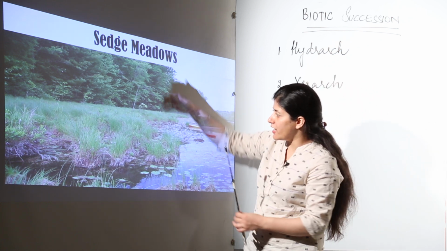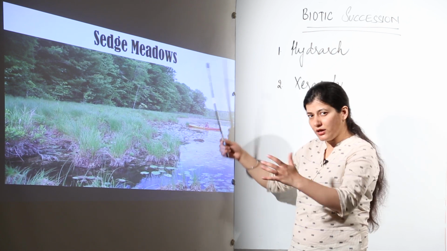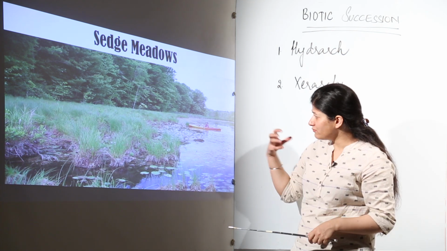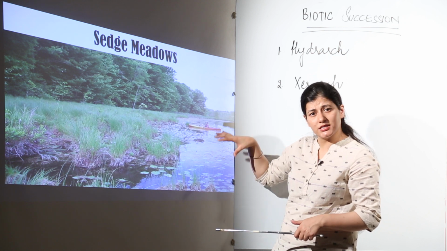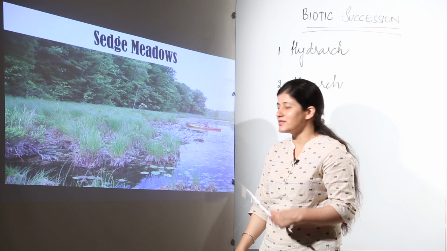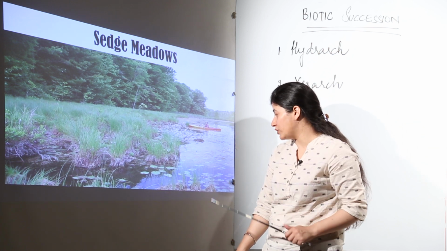Just ignore this part, pay attention towards this part, because this is the climax community. I could have used the images where it would have been depicted using an animation, but it's better you get an idea how actually succession is taking place while you are doing your work of studying over here. Somewhere in some water body succession is taking place, as is seen in this water body.